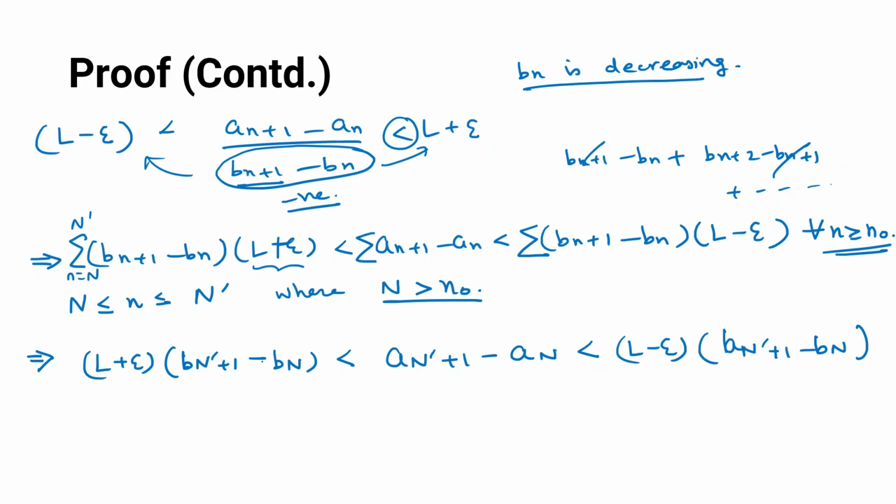So what we'll do is that we'll divide all these by bn, capital N, right? B sub n.